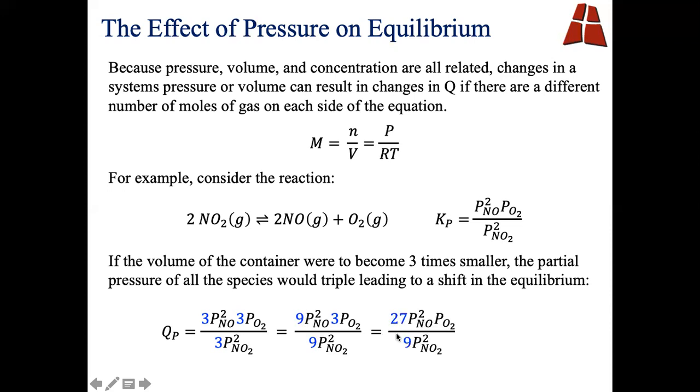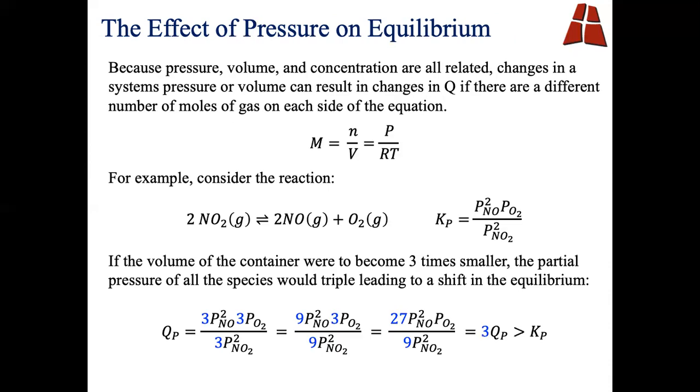Then if we combine terms in our numerator, we would have 27 over 9, and that is ultimately equal to Q of the system being 3 times K. If we were to decrease the size of our container volume by 3 times, then Q would be tripled K for this particular reaction.